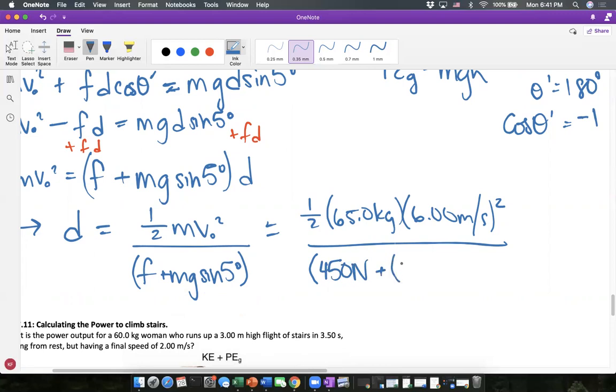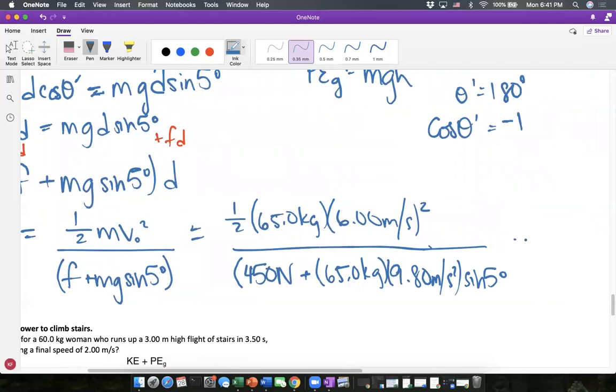Again, our mass is 65 kilograms. Our g is 9.8 meters per second squared, and times sine of 5 degrees. After plugging all of that into your calculator, you should get 2.31 meters.